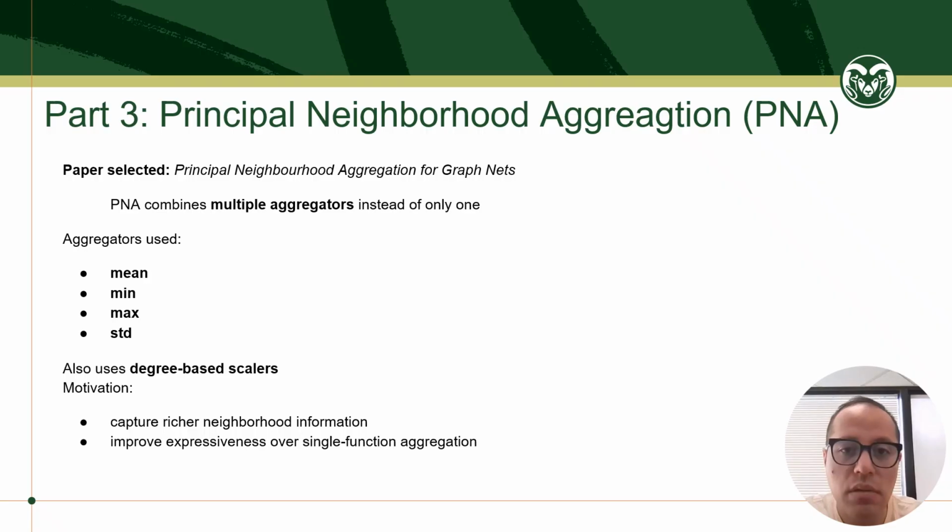Instead of choosing just one, it combines multiple aggregation statistics together. In my implementation, I used mean, max, and standard deviation along with degree-based scalars. The motivation is that different statistics capture different aspects of the node's neighborhood, so combining them can provide a more informative representation than any single aggregation alone.